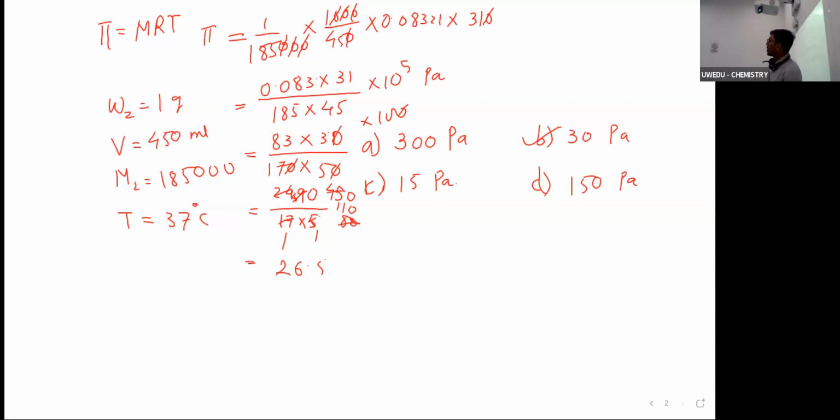Van 't Hoff factor, or the colligative properties of electrolytes. We have studied till now colligative properties of non-electrolytes. Now, colligative properties depend upon the number of particles. You are adding NaCl, but because NaCl is an electrolyte, as soon as we put it into water, it dissociates.